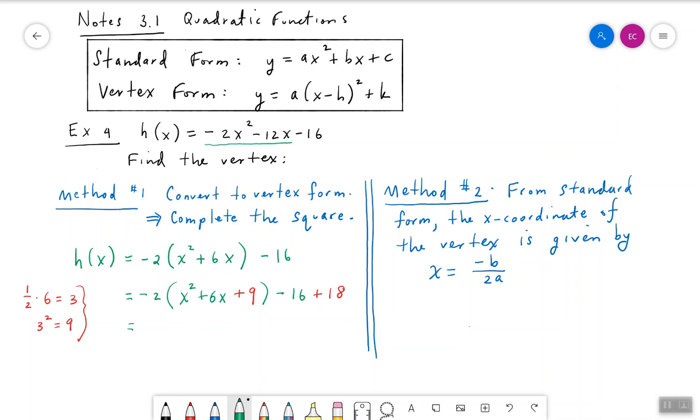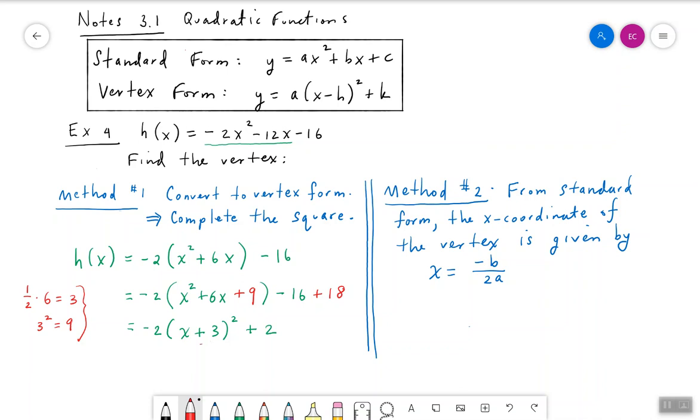Okay, we ought to be able to clean this up and get the vertex form now. Negative 2 times x squared plus 6x plus 9 is going to factor as x plus 3 quantity squared. And then negative 16 plus 18 is plus 2. So there is the vertex form, and then we can read the vertex right off of it.